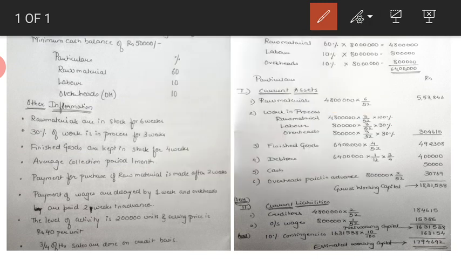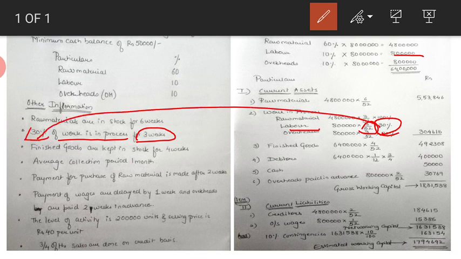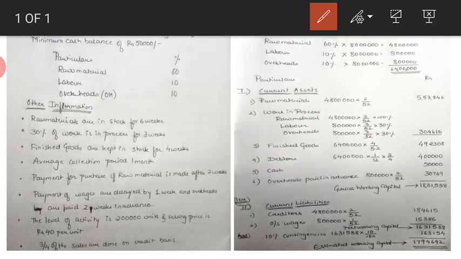Okay, so into 100%. Then labor total cost is 8 lakhs into 3 divided by 52, because work is in process for 3 weeks. So into 3 divided by 52 into 30%. Now why 30%? Because 30% of the work is in process. So we have to consider only 30%. And the same is the case with overheads. Total cost is 8 lakhs into 3 divided by 52, because the work is in process for 3 weeks.